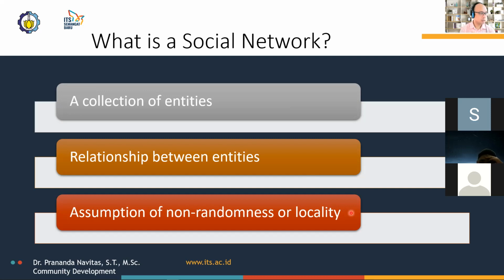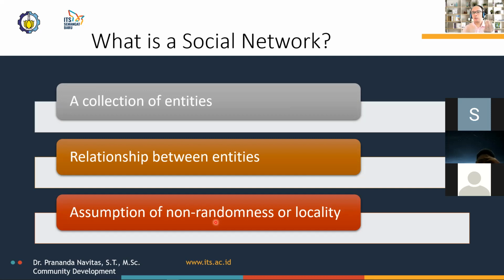If you happen to participate in LinkedIn, LinkedIn is a good example of how this non-randomness assumption is represented. Those of you who are in direct contact are called first degree contacts. For example, if you're person A and you know B and you're directly connected to them, you guys are college buddies, for example.